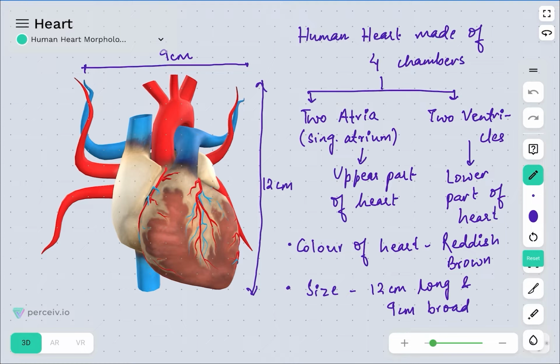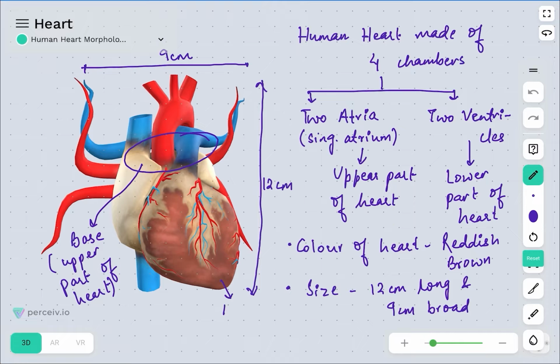All right. Now, the upper part of the heart is basically called the base and the lower part is called the apex. So you can see, for example, this part is usually representing the base part, which is the upper part of the heart.